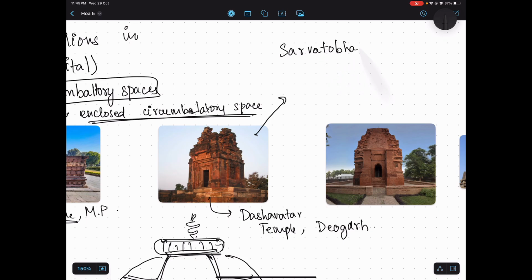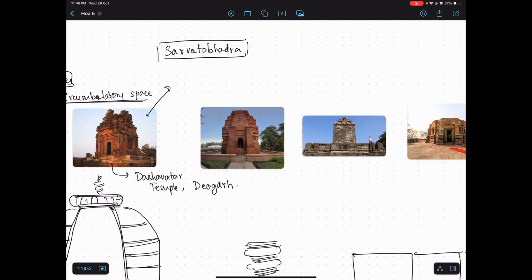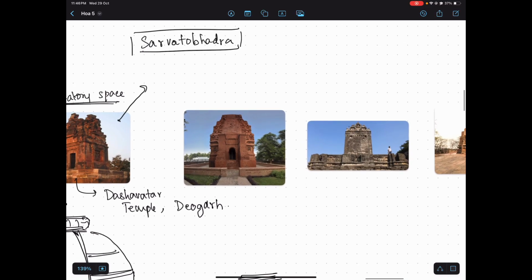I'll talk about Sarvatobhadra and other terminologies like this a bit later, but remember the term that this temple had Sarvatobhadra style.